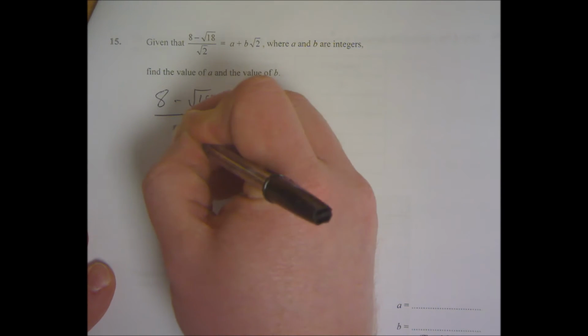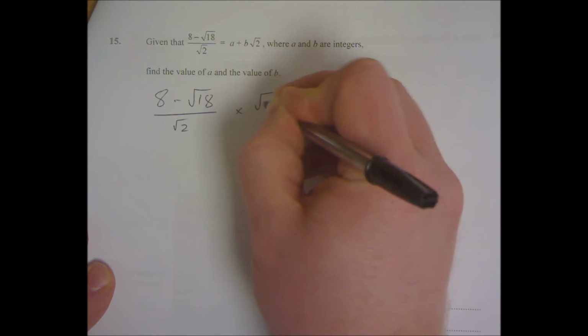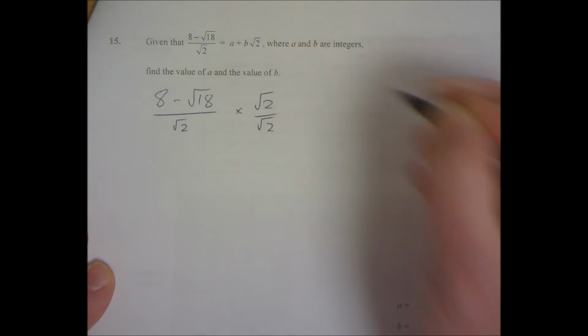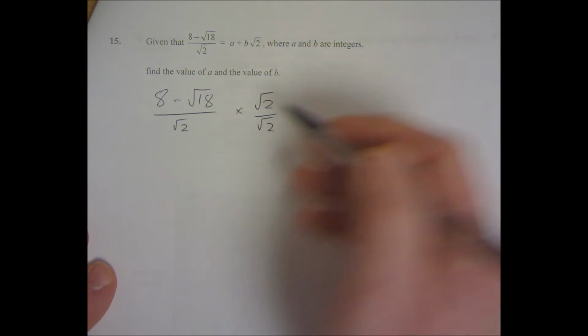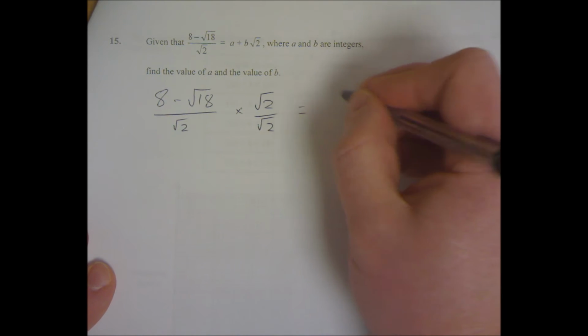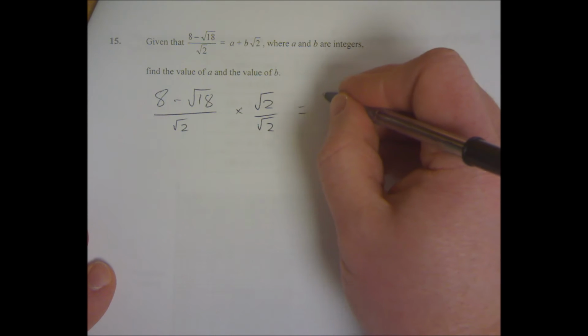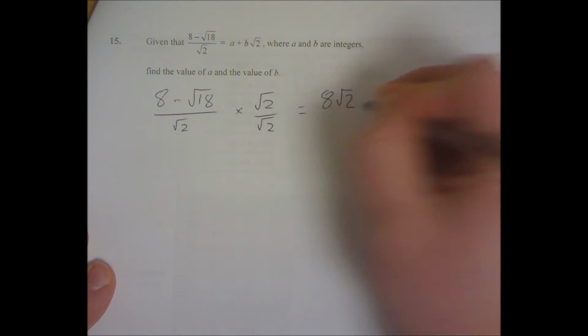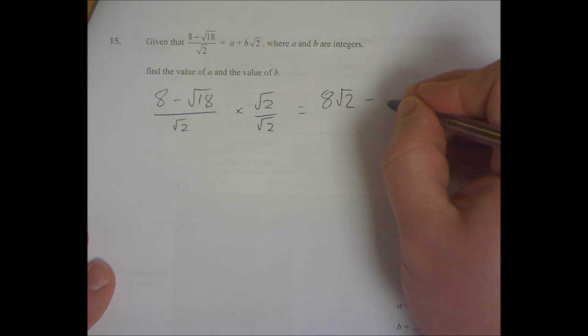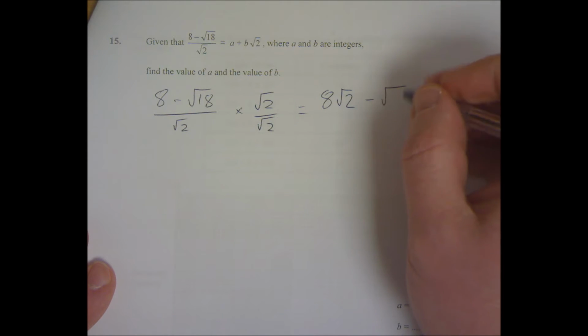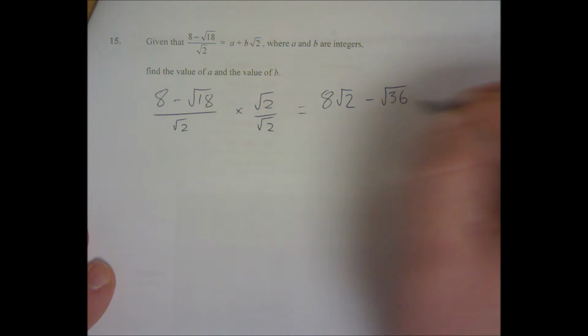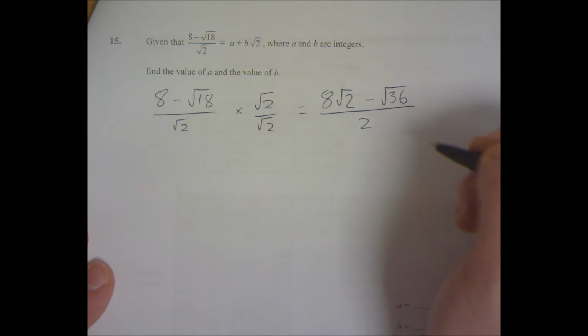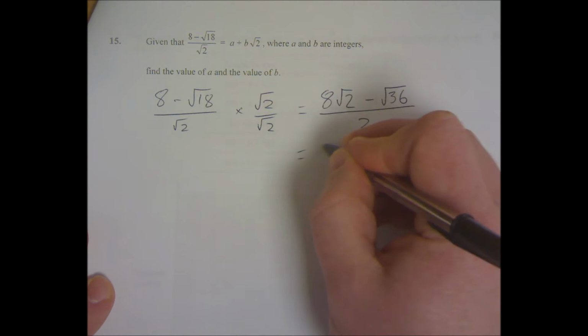So if I'm timesing the top, I'm timesing each of those by root 2, so I've got 8 root 2, take away root 36 all over 2. So we've got 8 root 2, take away root 36 is 6, all over 2.